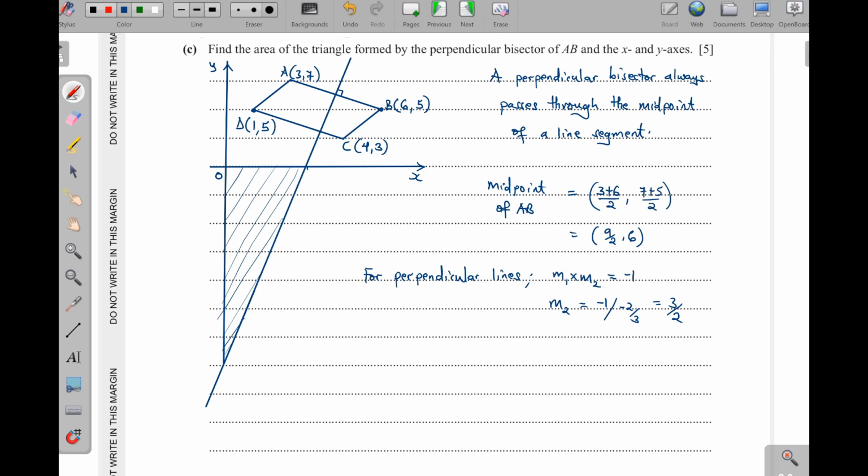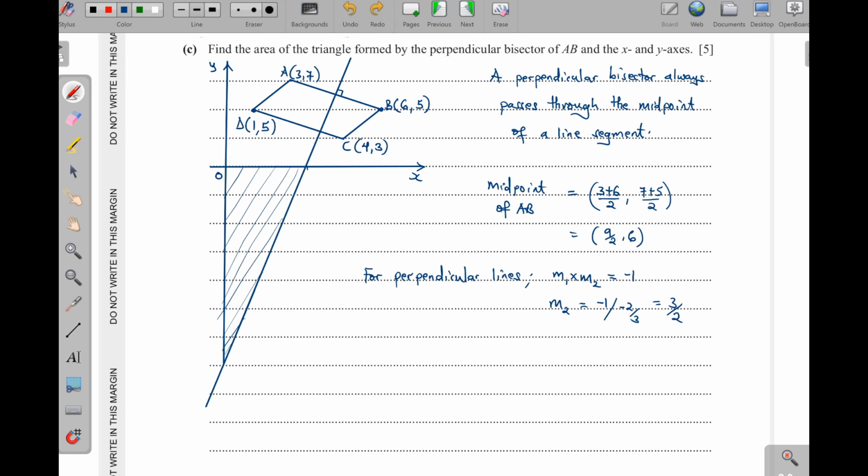You see that triangle? So we need this x-intercept here. We need to find where this line cuts the x-axis and also where it cuts the y-axis. You see that? Then this will be our base maybe, and this will be our height. So as simple as that.